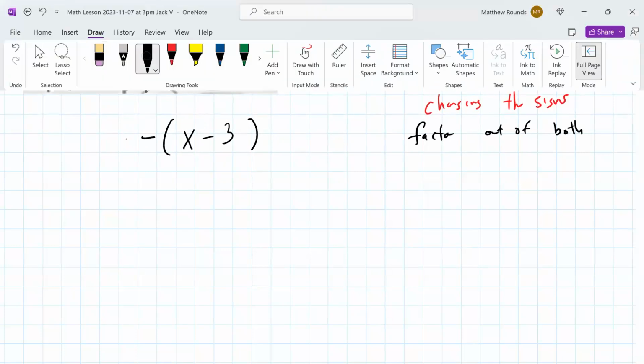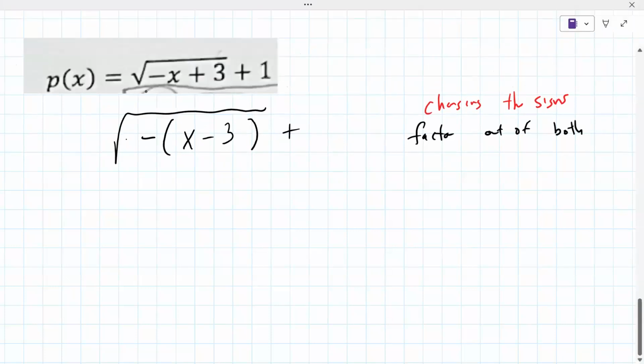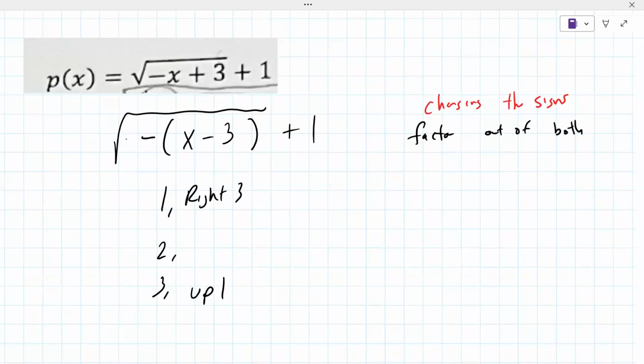Okay. Now this has one, two, three transformations. Right 3, up 1. When the negative is on the inside like this, it has the effect of a reflection over the y-axis.